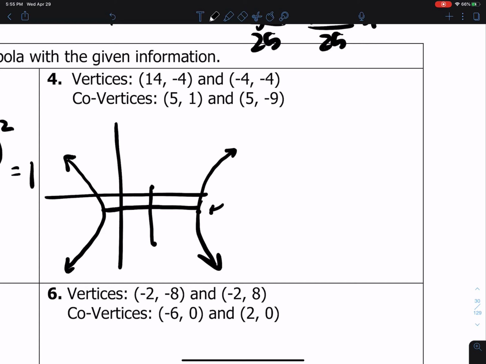These are both at -4 for the y, and these are both where x equals 5. So that means that our center right here is at (5, -4). Write that a little bigger. So this would be at (5, -4) for the center.